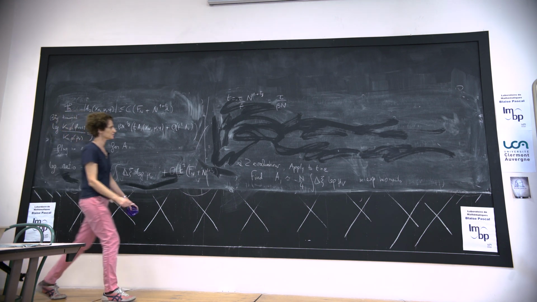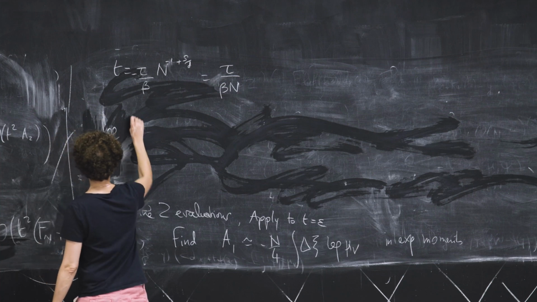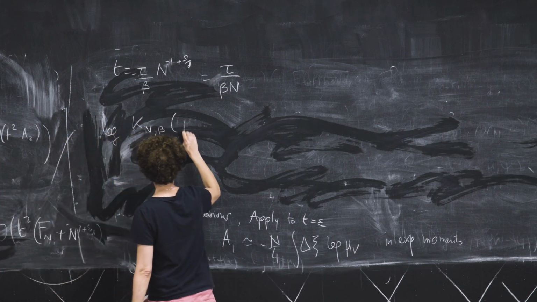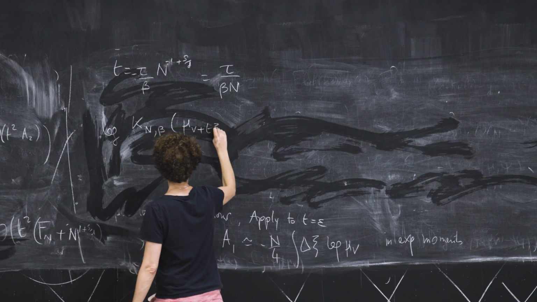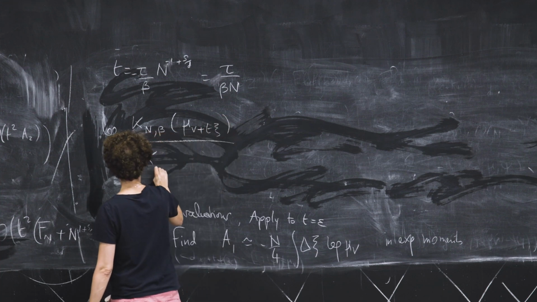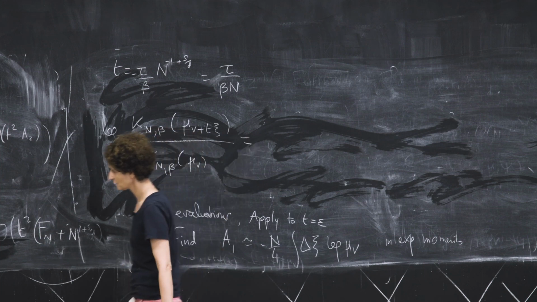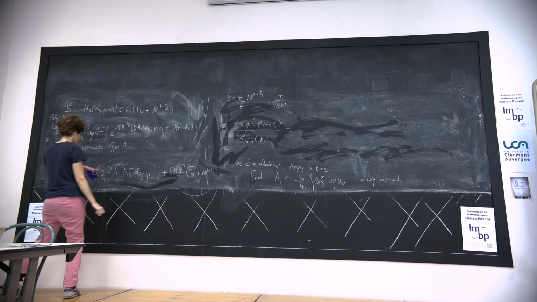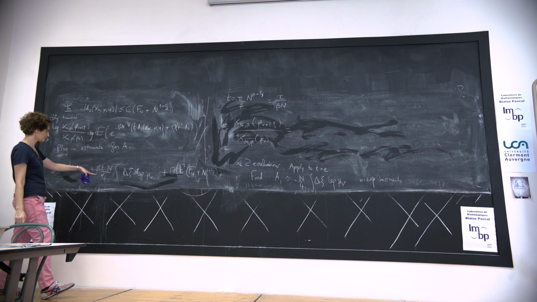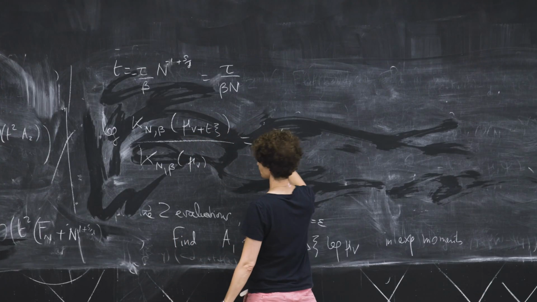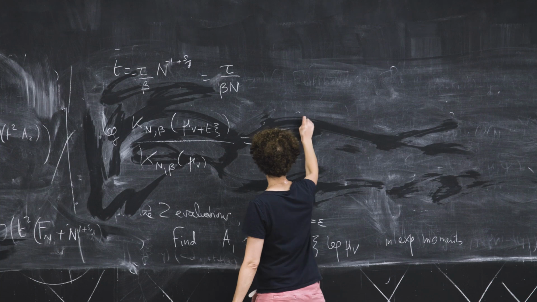So the log of the ratio, now I estimate it pretty well. So it's estimated by, so t is tau over beta n, so it's tau. There is a plus or minus here, I'm not sure.